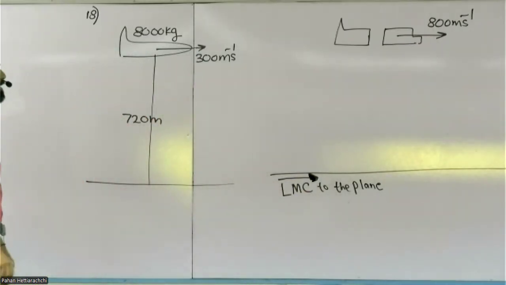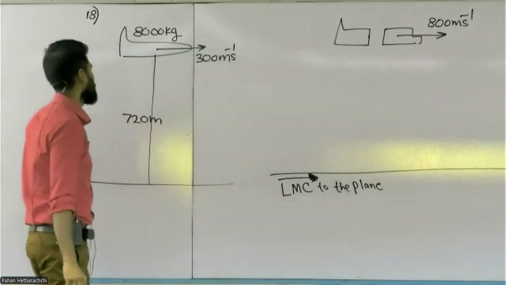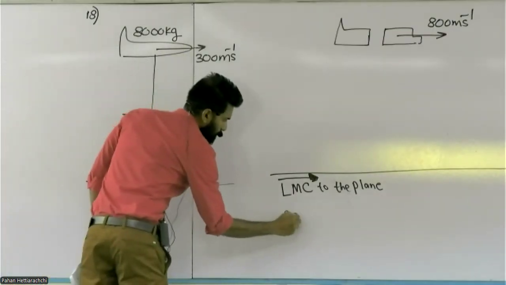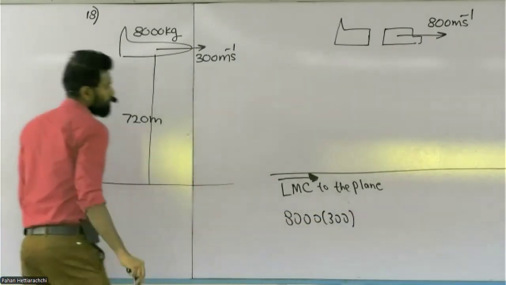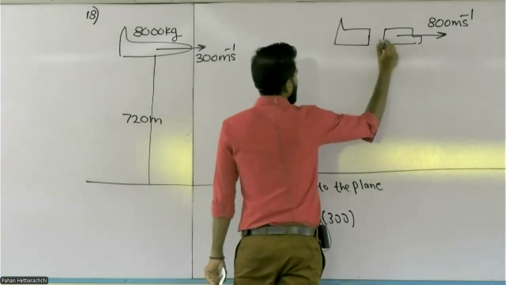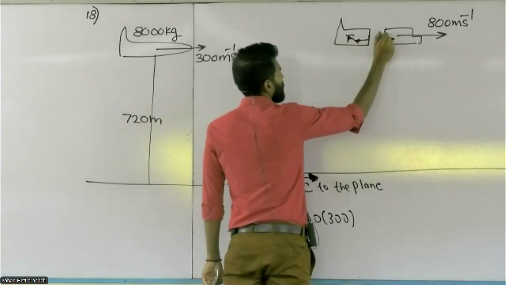When we apply LMC horizontally to the plane, what are the initial momentums? 8,000 into 300. The initial momentum is 8,000 mass into 300 velocity when the complete plane is present. In the explosion, there will be forces created on each part, but they will cancel out.